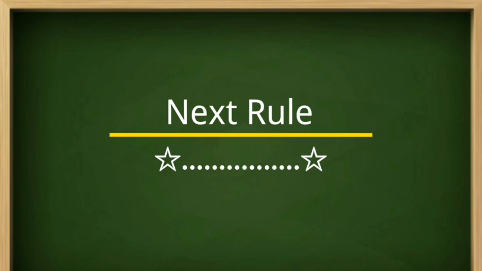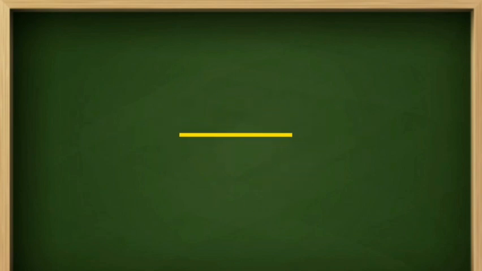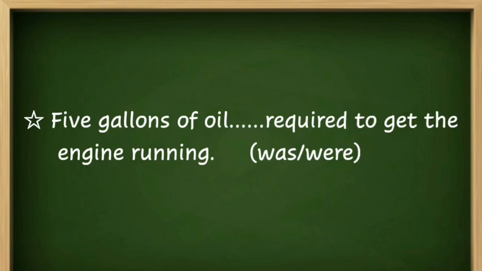Now here comes the next question for you. So if I give you this and ask you, 5 gallons of oil dash required to get the engine running, in brackets for options there are two words, was or were. 5 gallons of oil was required to get the engine running, or 5 gallons of oil were required to get the engine running.